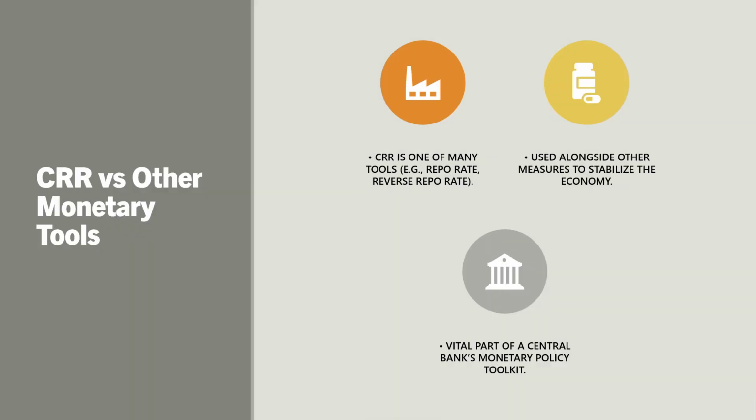For example, during times of high inflation, central banks may raise the CRR to cool down the economy. This helps prevent runaway inflation and maintains purchasing power. One more thing to note, while CRR plays a key role in a country's financial stability, it is just one piece of the puzzle. Other monetary tools like the repo rate or reverse repo rate also influence the economy's direction.